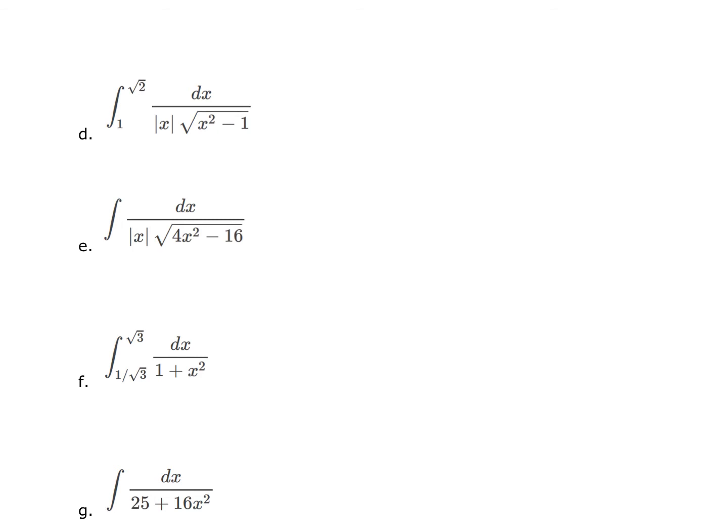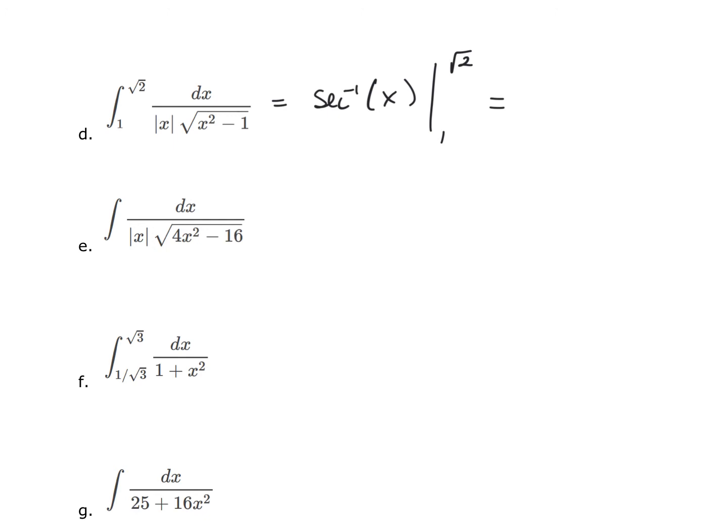Now, D has the form of what I would expect: the absolute value of x multiplied by the square root of x squared minus 1. In fact, we know that when we get done integrating this, it will be the secant inverse of x evaluated from 1 to the square root of 2.